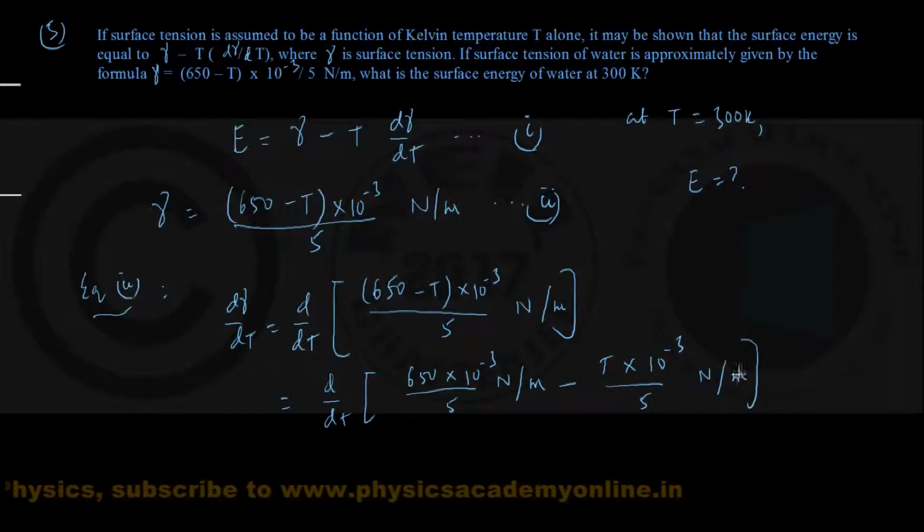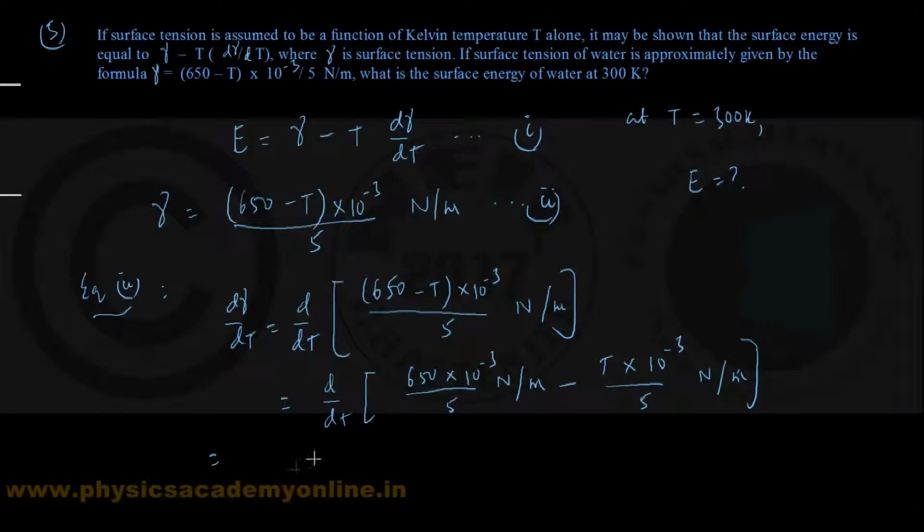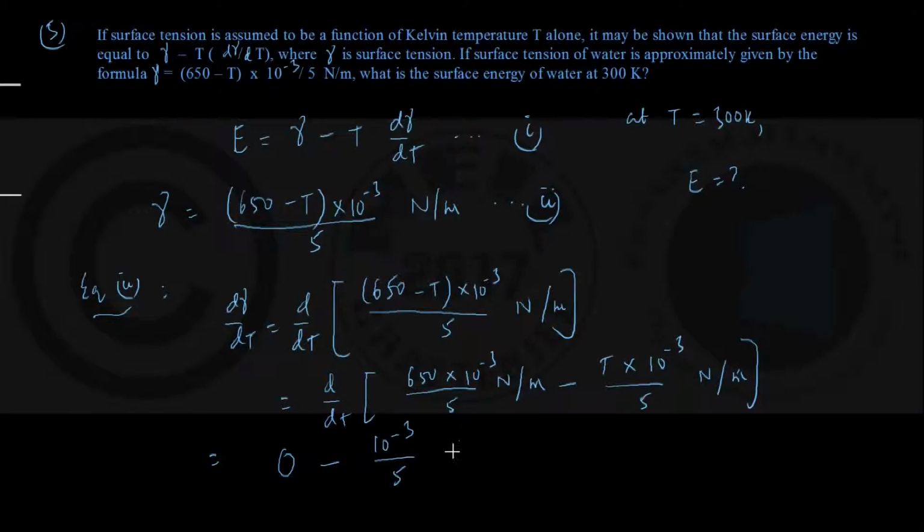When you differentiate the first term, a constant quantity, differentiation with respect to temperature becomes 0. And second term, d dt of T is only 1, therefore I am left with minus 10 to the power minus 3 divided by 5, and the unit is Newton per meter per Kelvin, isn't it? Here already the unit of Kelvin is there, and here Newton per meter, therefore the unit becomes Newton per meter per Kelvin.